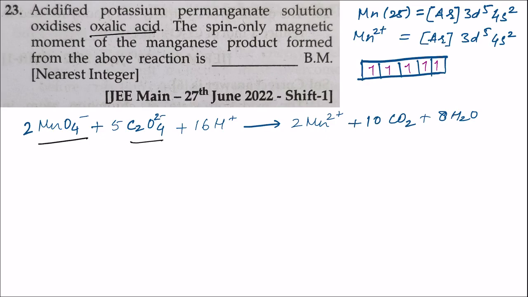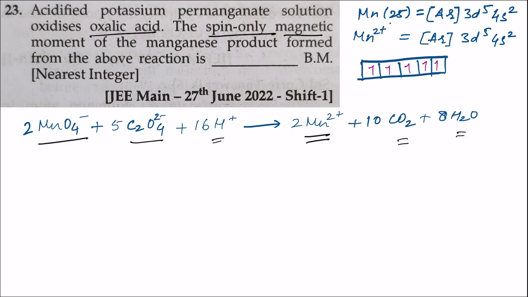So permanganate ion reacts with oxalate ion and forms Mn2+ ion plus CO2 plus H2O. This reaction takes place in acidic medium. Now the product formed is Mn2+ ion. You have to find out the spin only magnetic moment of the manganese product formed. Means spin only magnetic moment of Mn2+ ion you have to find.